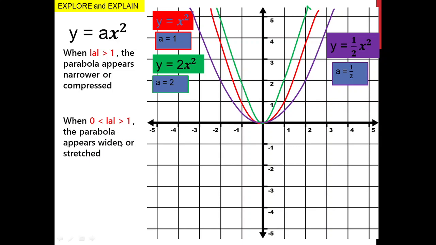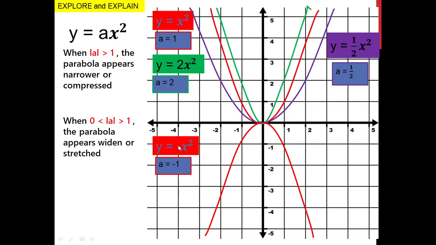Okay? So this is the explanation here. When the absolute value of a is less than 1 but not equal to 0, the parabola appears wide. Now, same goes when the values of a here are negative. Say, for example, from our parent graph, if our a is a negative number, the opening of the parabola is downward.